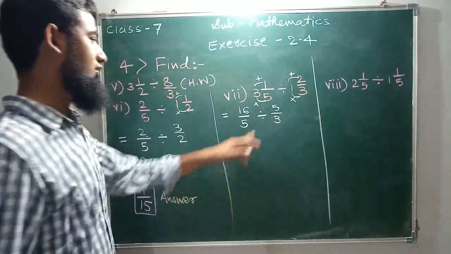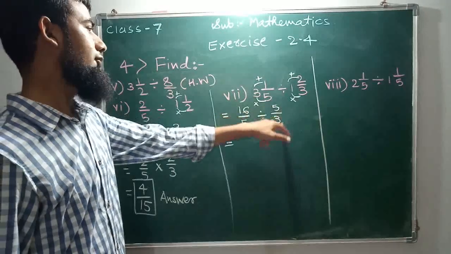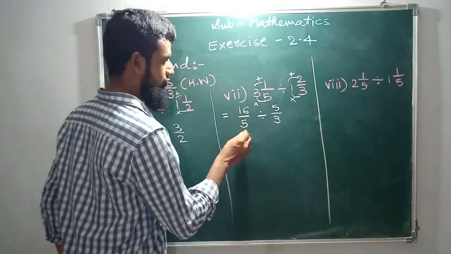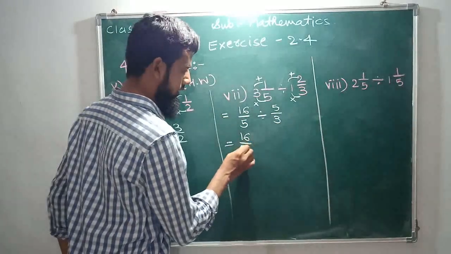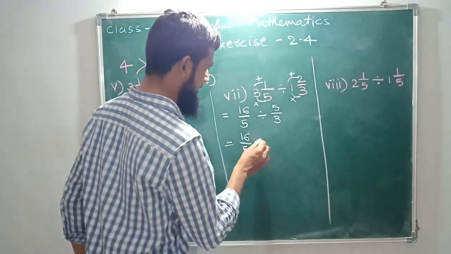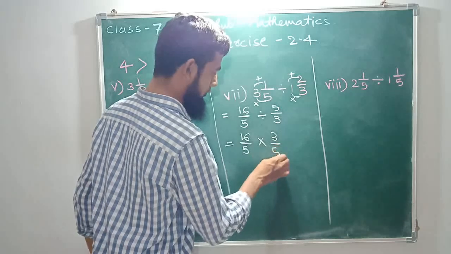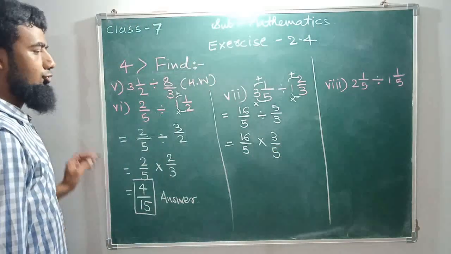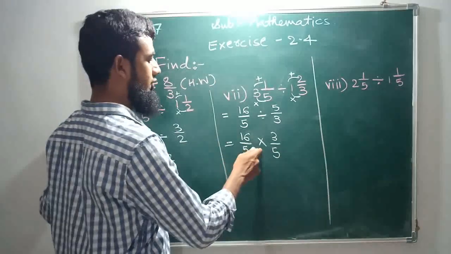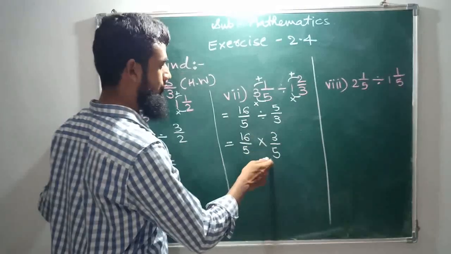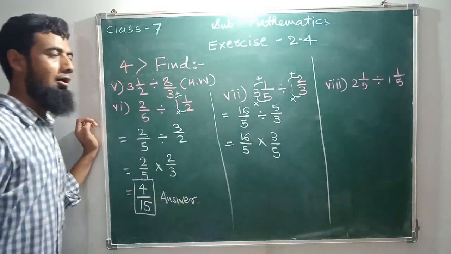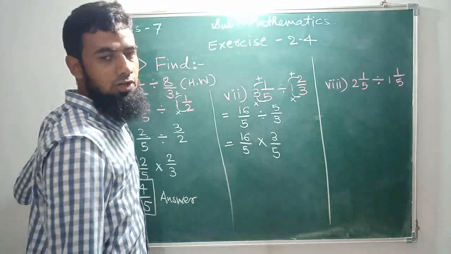Okay, so 16 upon 5 divided by 5 upon 3. So here you can see 16 upon 5 multiply 3 upon 5. Understood? 16 upon 5 multiply by 3 upon 5, changing places of a numerator and the denominator.